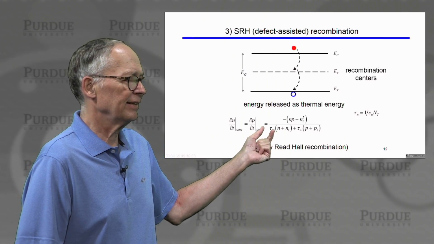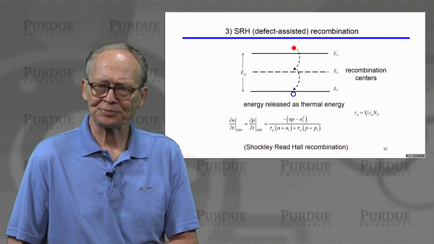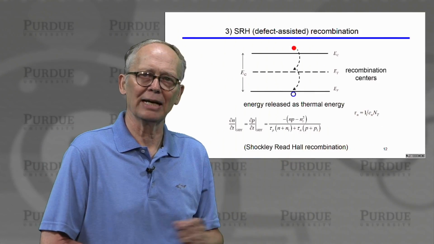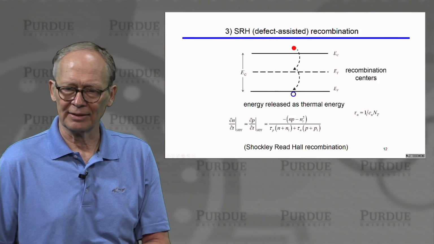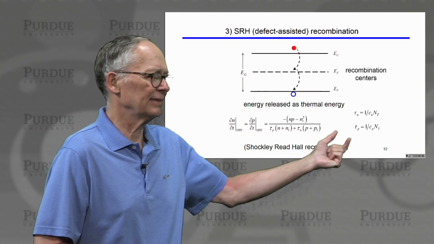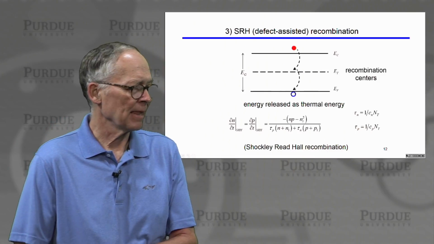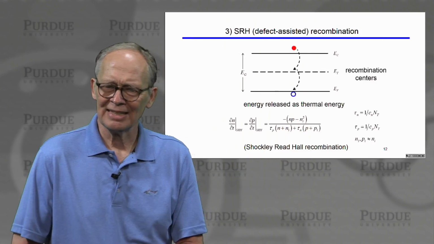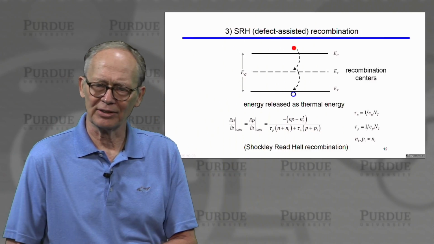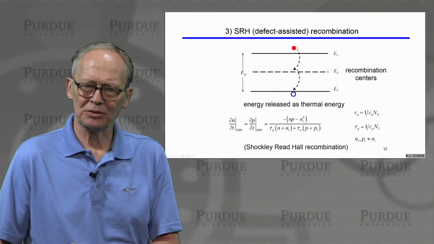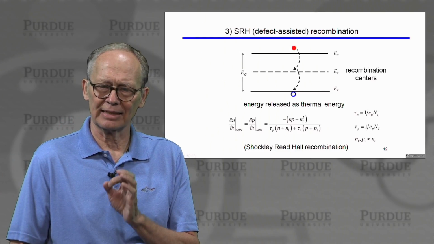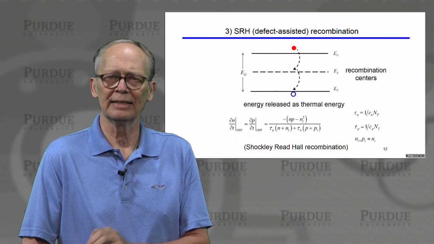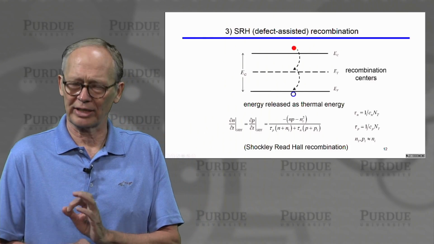These characteristic times, tau n and tau p, are related to the concentration of these defects or traps, N sub T, and there's a constant of proportionality there. And the parameters N1 and P1, these have units of carrier density, and under typical conditions they have a magnitude close to Ni. So they're small carrier densities.